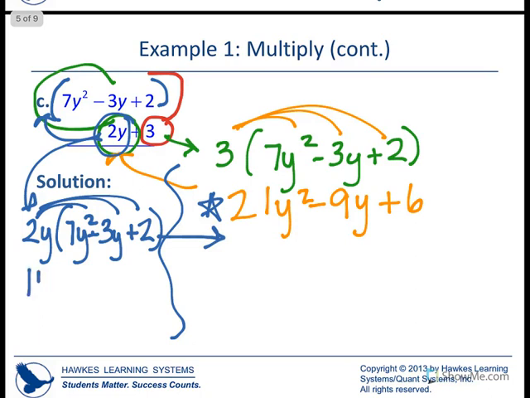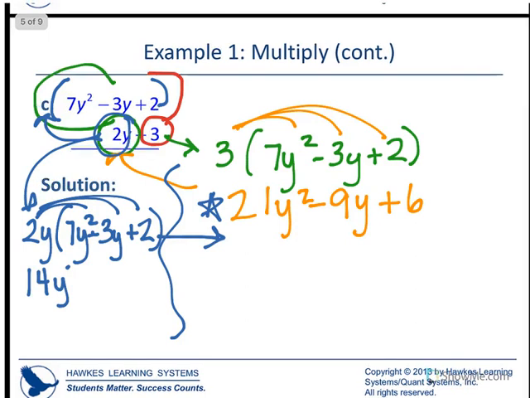So this is going to give me 14y to the third power, minus 6y to the second power plus 4y. Okay, so each one has to be done separately.